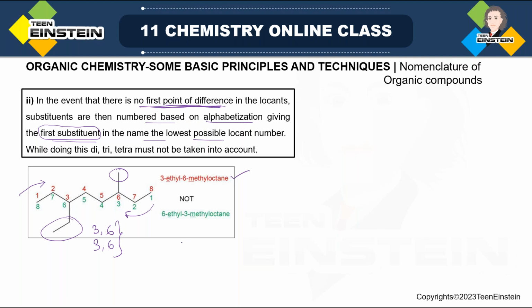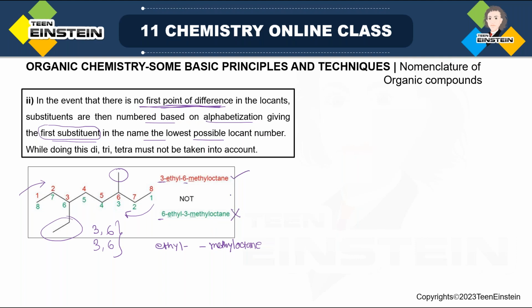When you actually write the IUPAC name, you will obviously write ethyl first, then leave some gap, then methyl, and then octane. Now, if you are following the red one, the numbering will be 3 and 6. And if you follow the green one, then ethyl will get number 6. So that is why we are cancelling this and we are accepting the red one.